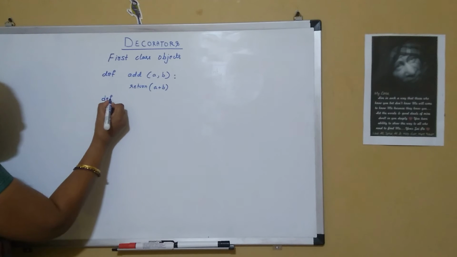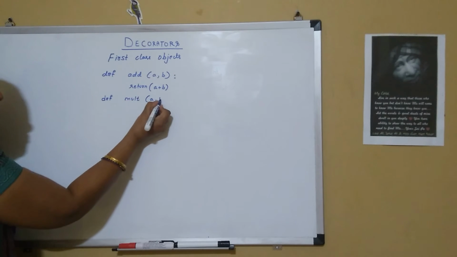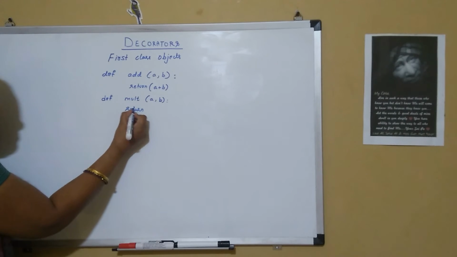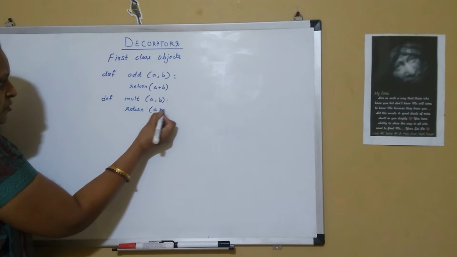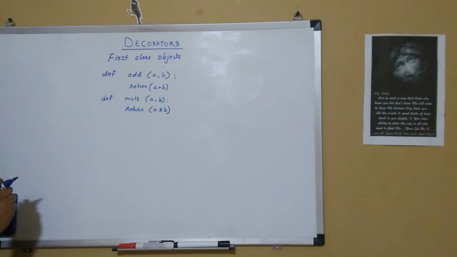Now we have another function called mul, which takes in two parameters and returns a times b. So these are the function definitions.